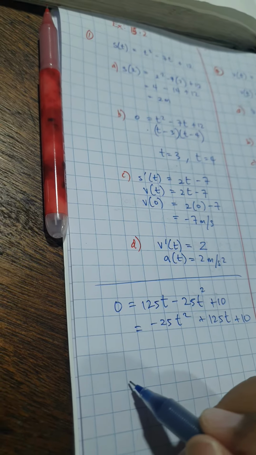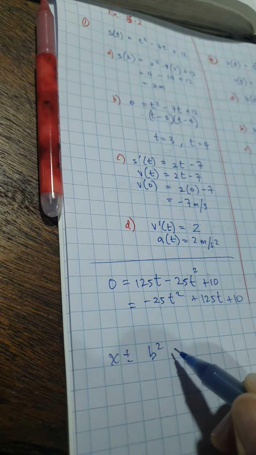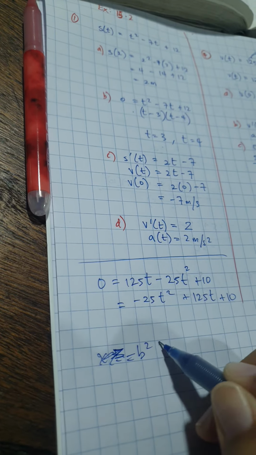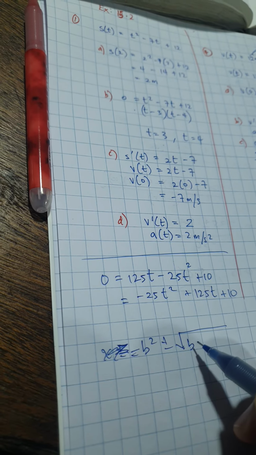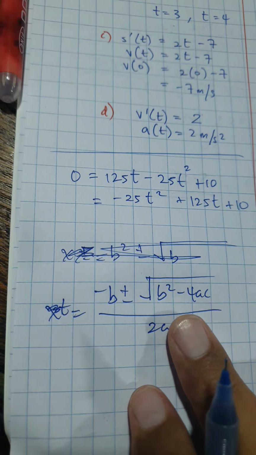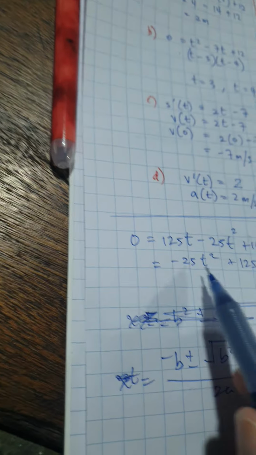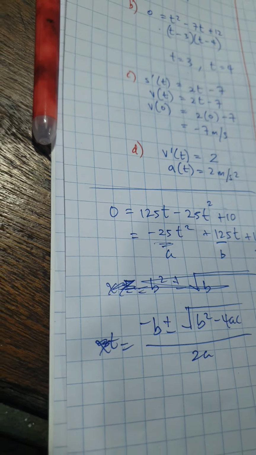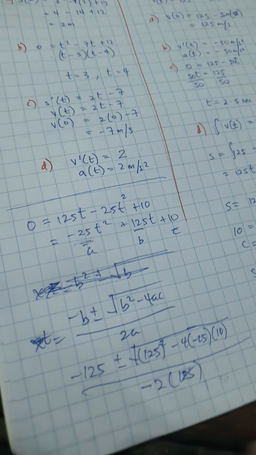We can use the quadratic formula: x equals negative b plus or minus the square root of b squared minus 4ac, all over 2a, where these are a, b, and c. Just sub everything in.